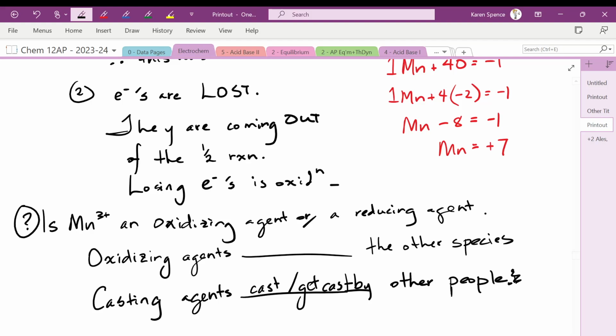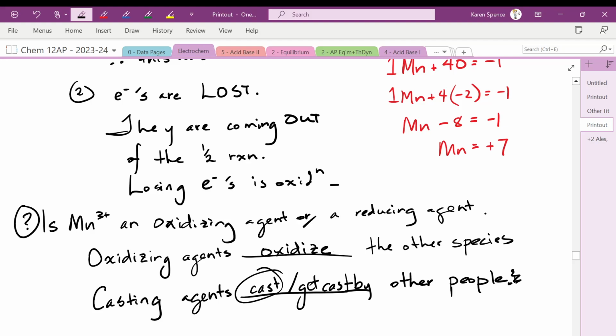What do casting agents do? Do they cast other people or do they get cast by other people? They cast other people. So what do oxidizing agents do to the other guy? They oxidize the other species.